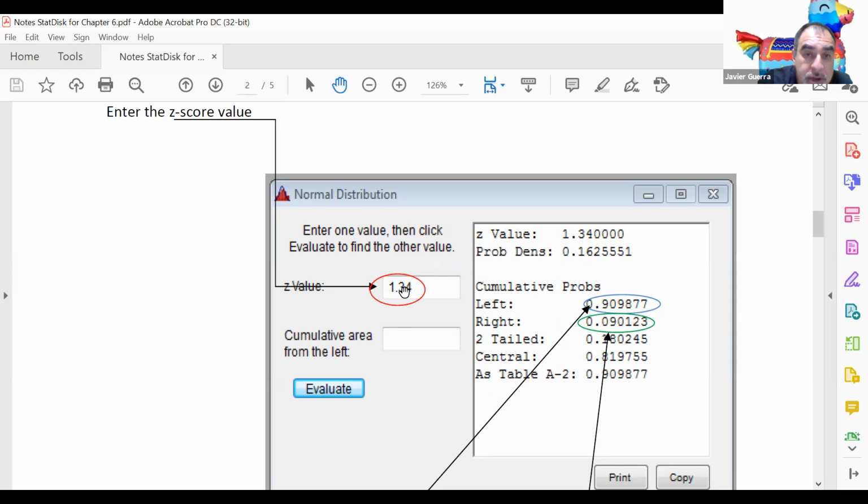Now you have to make sure that you have the right sign. If it's positive, you make that number positive. If it's negative, then you put a negative. It's next to the 0 key on your keyboard. You put the negative and then the number, and then all you do is hit evaluate, and boom, you're going to get these values.